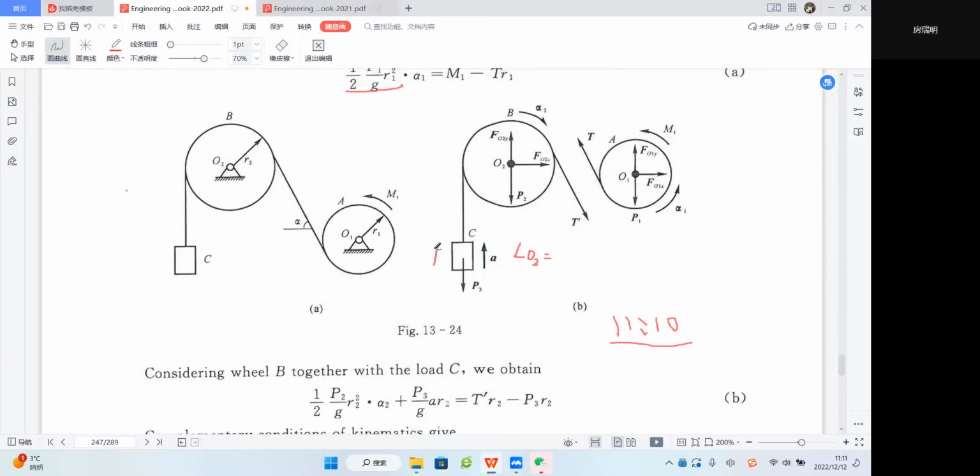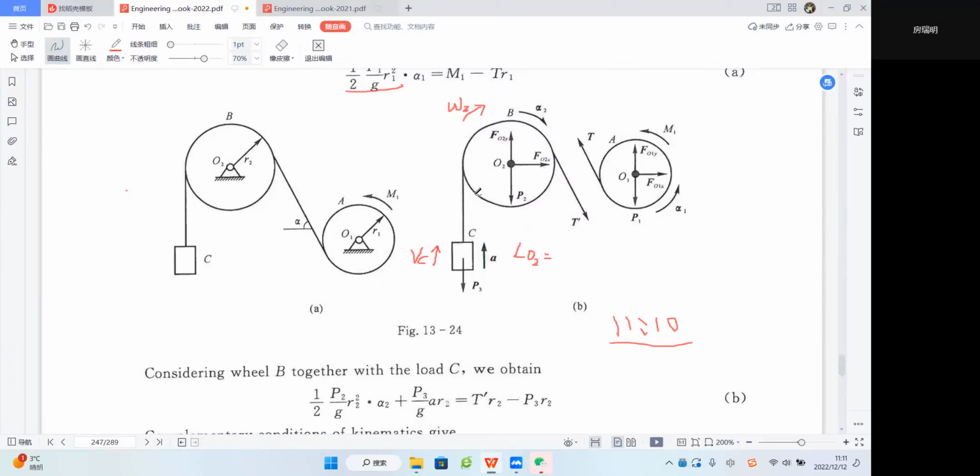So actually we can find the relationship for A. We have its velocity is vc, right? And this alpha 2 is the angular acceleration. Let's assume its angular velocity is omega 2.